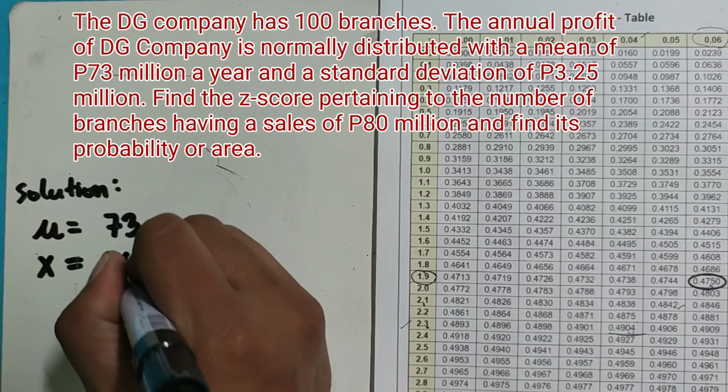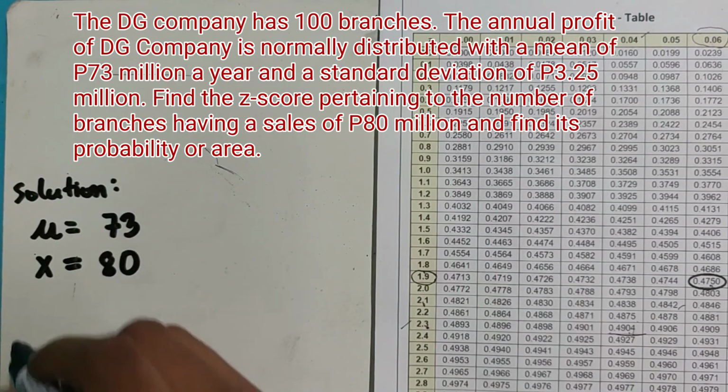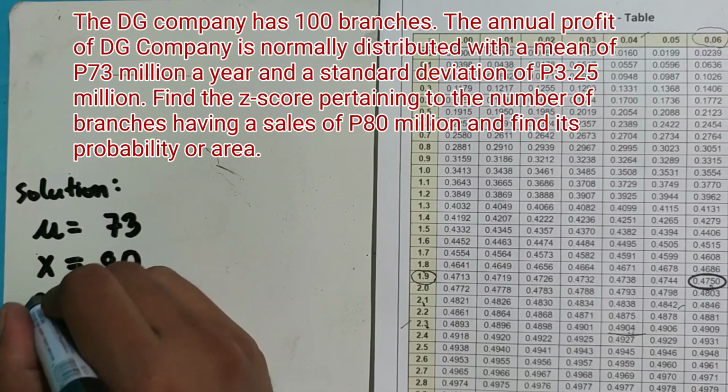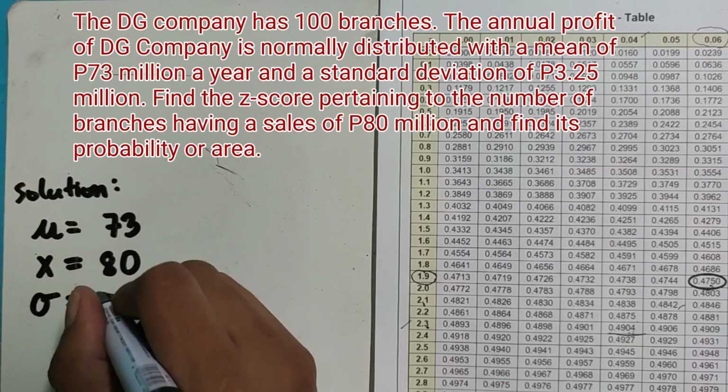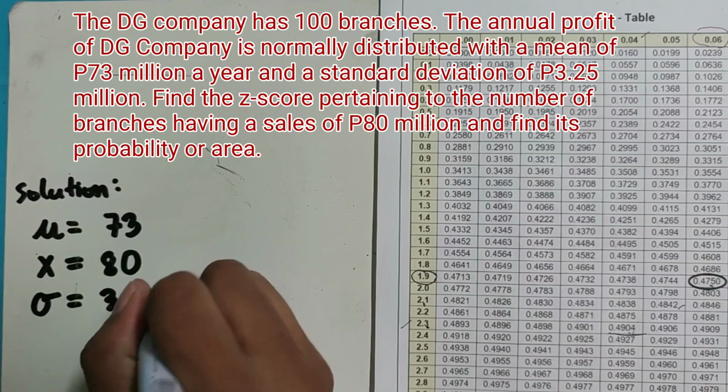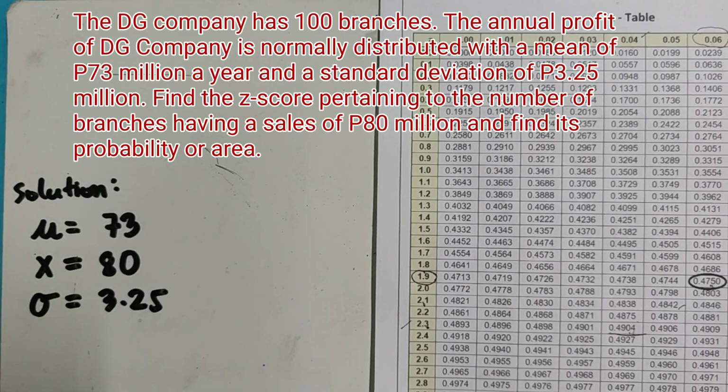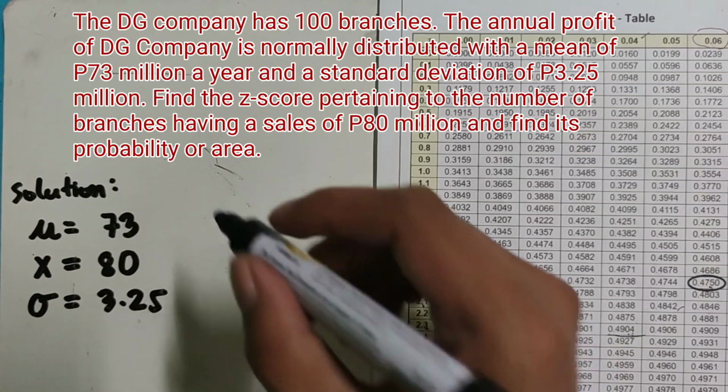So our X is 80 million, while our standard deviation is 3.25. So sa problem na to, hindi ibinigay si Z. Binigay lang si mean, si X, at saka si standard deviation. So we are going to use the formula of getting the Z-score.